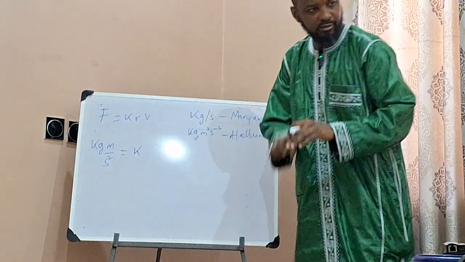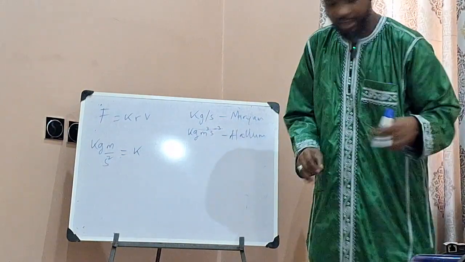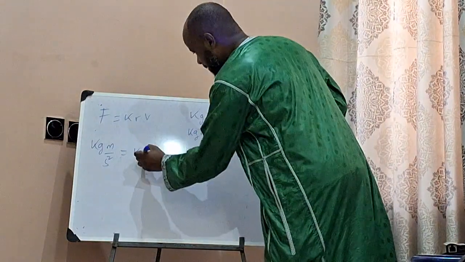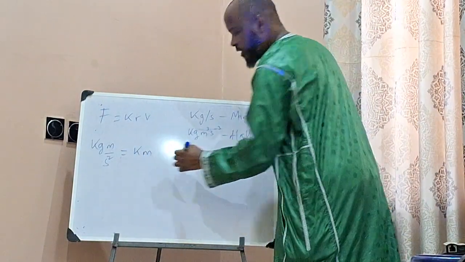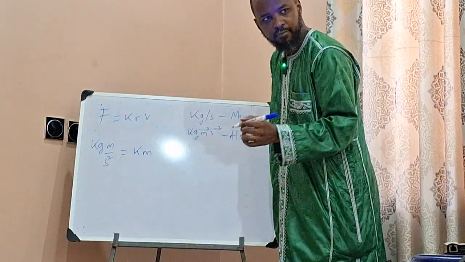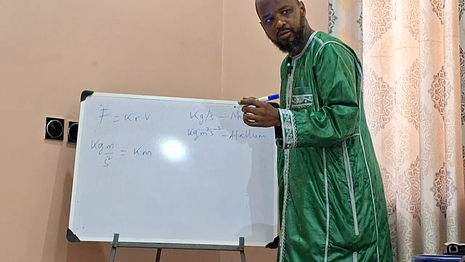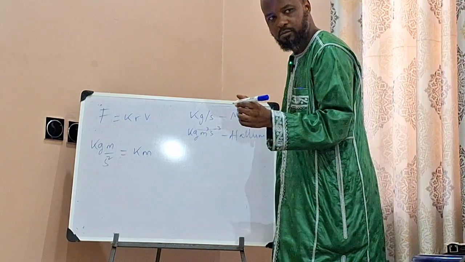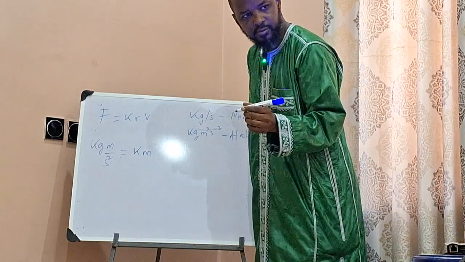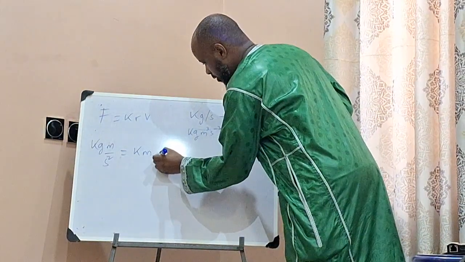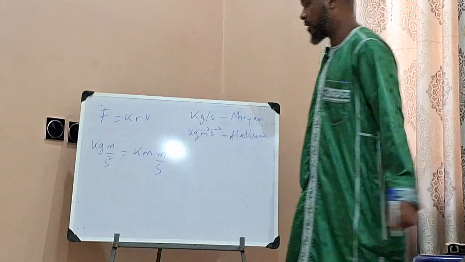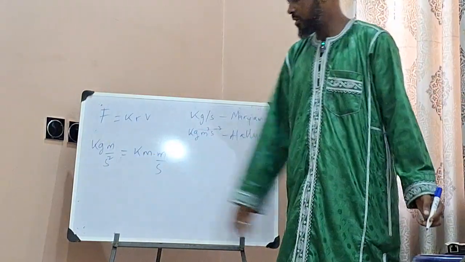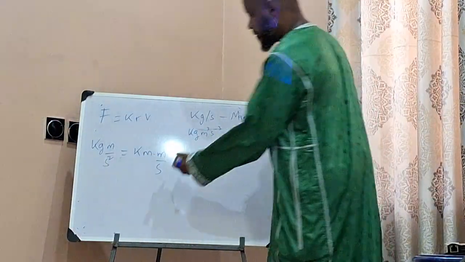R is radius. Unit of radius is what? M, isn't it? Because it is length. Velocity is what? The SI unit of velocity is meter per second. So all I need to do is to make K the subject of the formula, right?